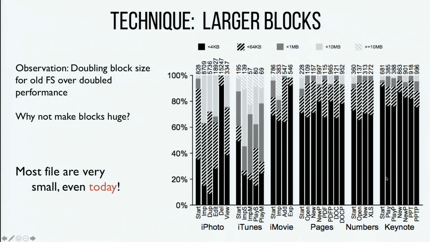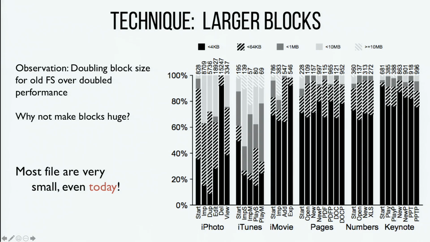If you look at the Keynote workloads, we show with this black shading what percentage of the files are less than 4 kilobytes, and which are less than 64 kilobytes. And this is the number of files they actually access.